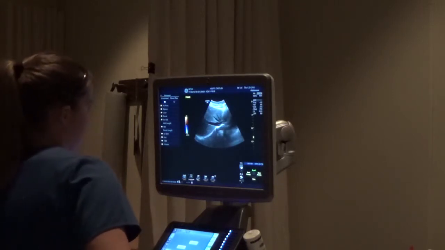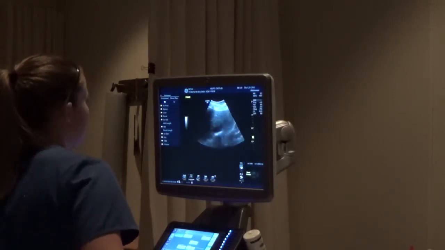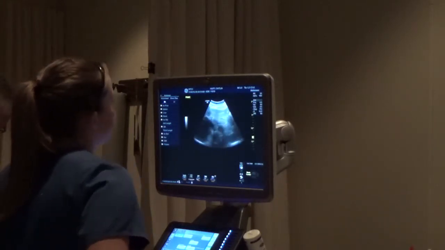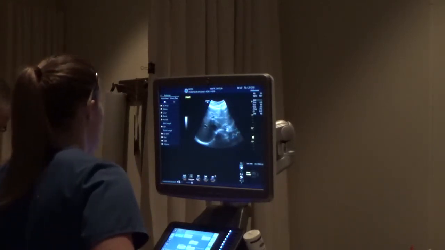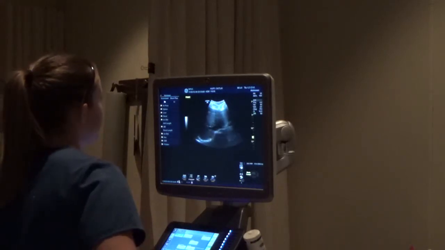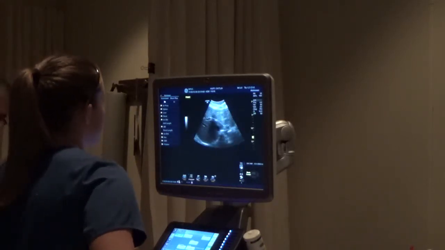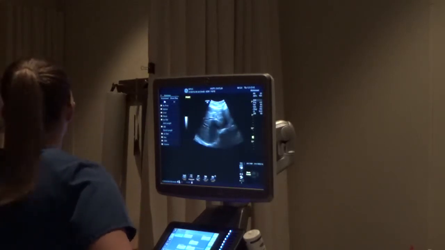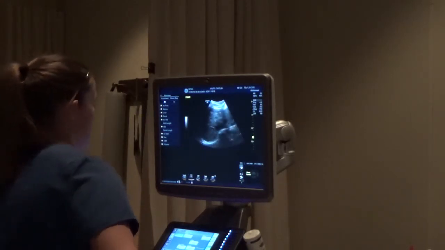What disease process other than fatty liver can lead to the liver being enlarged? Hepatitis. Okay, and what else? It can also be enlarged with cirrhosis when it's in the first stages. All right.